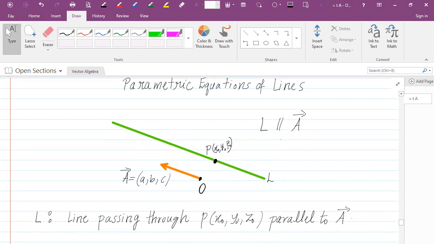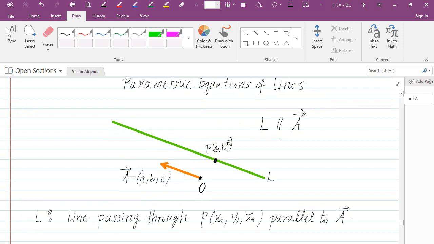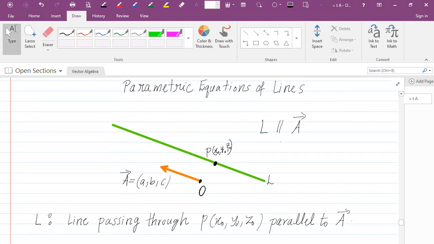So we want to find the equation of the line that passes through the point x0, y0, z0, and is parallel to the vector A. So once again, we are given a point on the line, we are given a vector parallel to the line, we need to find the equation of the line.